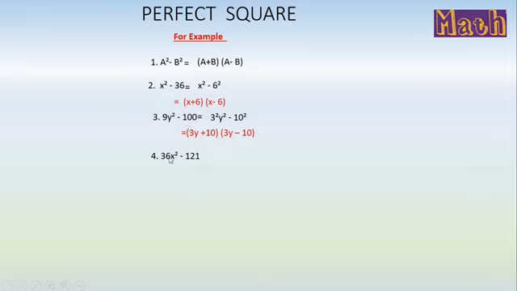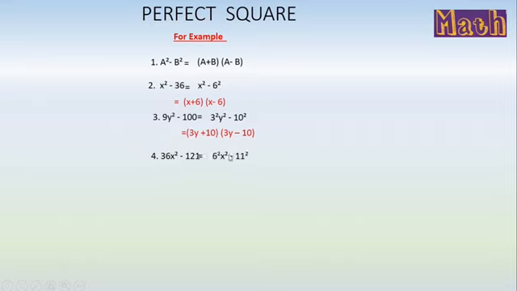Let's take another example. I have 36x squared minus 121. 36 and 121 are perfect squares separated by a negative, so it becomes a difference of two squares. 36 becomes 6 to the power 2, and 121 becomes 11 to the power 2.